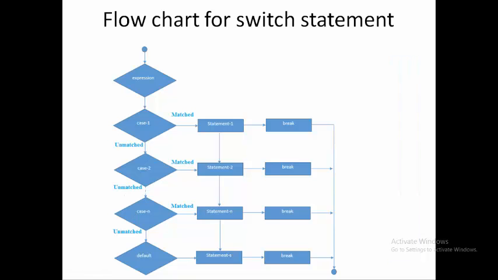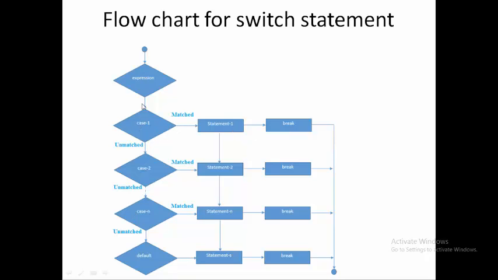Flowchart for the switch statement. Expression: if the expression matches case 1, then the statement will print. If the break is present, the controller will come out of the block. If break is not present, the controller will automatically print statement 2, and it will also check the same way as the first statement.